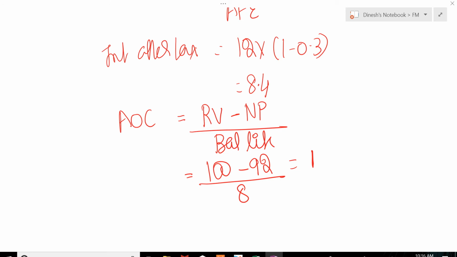Now listen, why balance life is, if it's an existing issue, what you will subtract is current market price. There's a concept of finance which states that any asset's value is the present value of whatever money is going to come from that asset class.